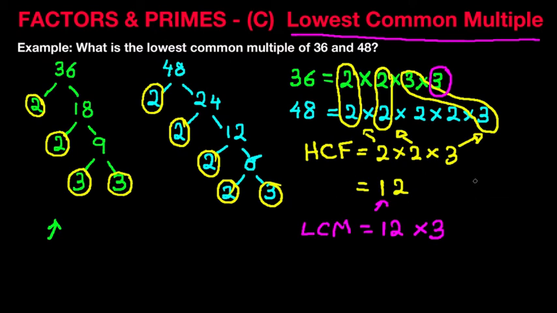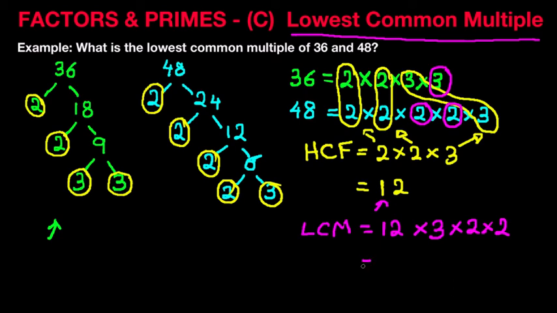And now let's look at number 48. We have a 2 here. So let's write this down, times 2. And the last number we haven't used so far is another 2. So we work out the highest common factor first, and then we go through the prime factors of both numbers that we have not used.